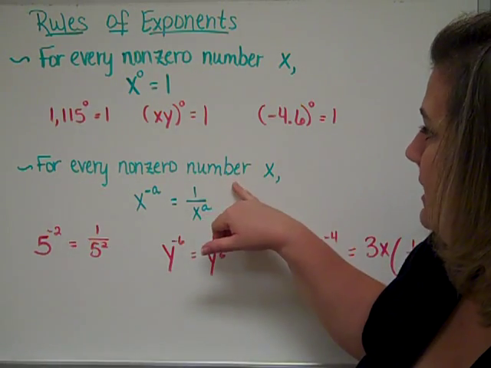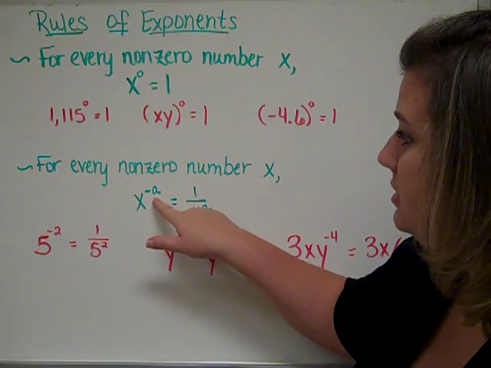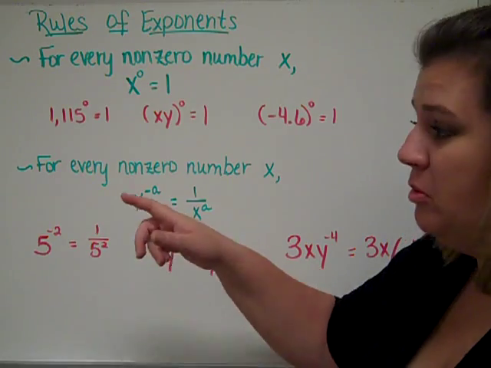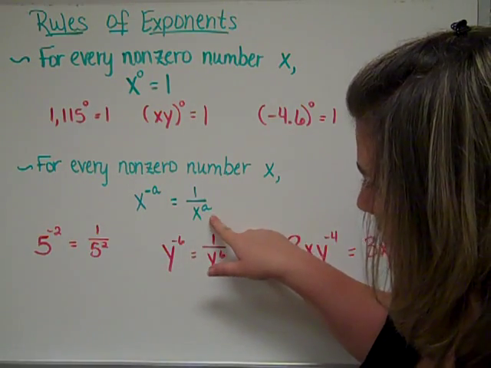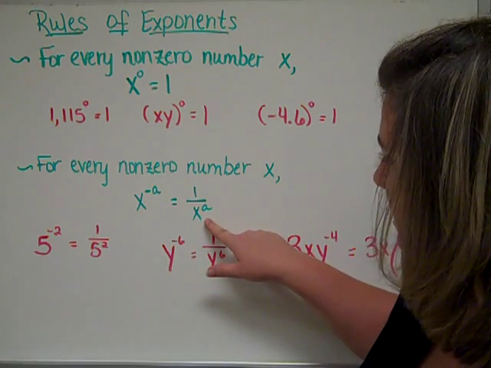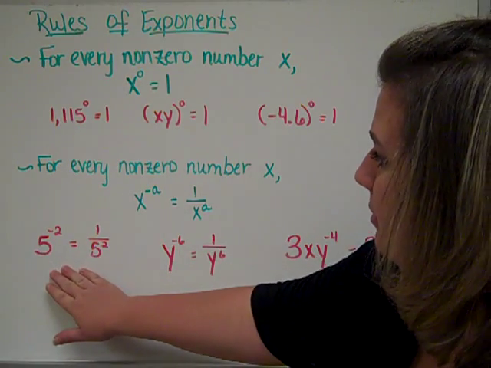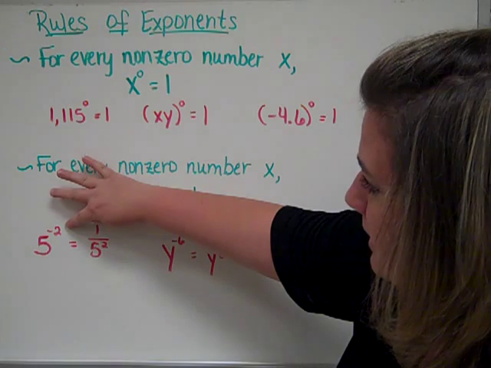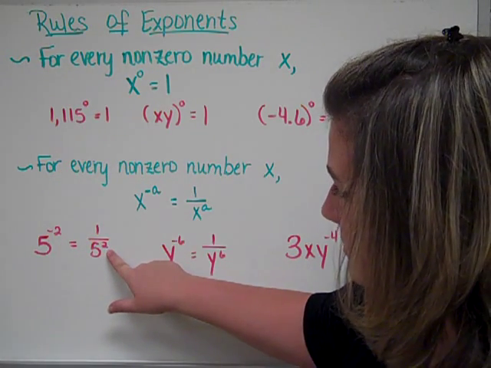Next rule, for every non-zero number x, x to the negative a. Remember what we saw in the pattern, that this now goes into the denominator's position, so it flips roles. It comes down into the denominator, so that's 1 over x to the a. So let's take a look at this example. 5 to the negative 2. Well, the 2 will become positive when I change positions.